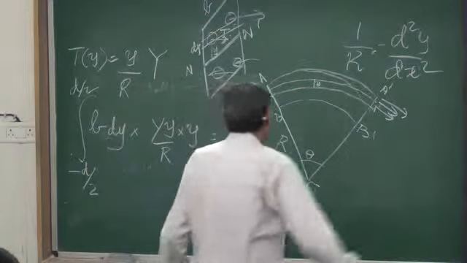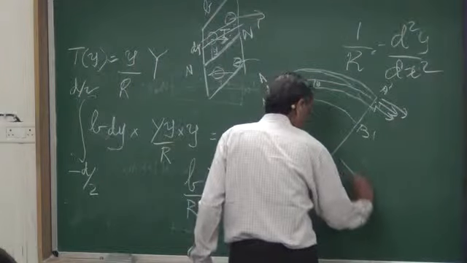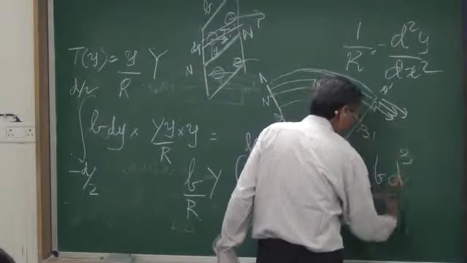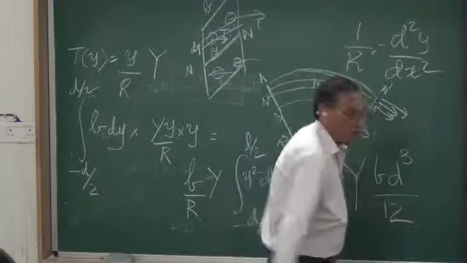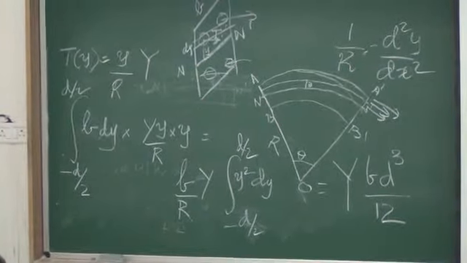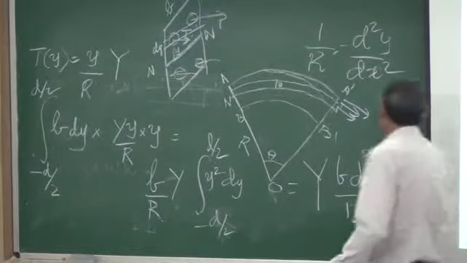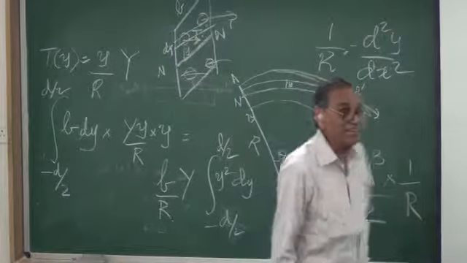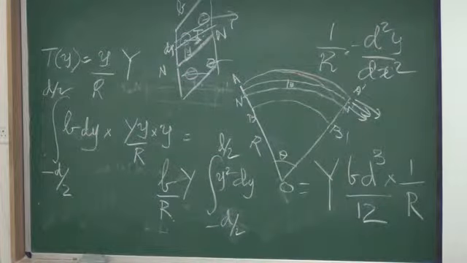So this will be Y, the Young's modulus, into b d cube by 12 for a rod of rectangular cross section, into 1 by r, where r is the radius of curvature of the neutral line.